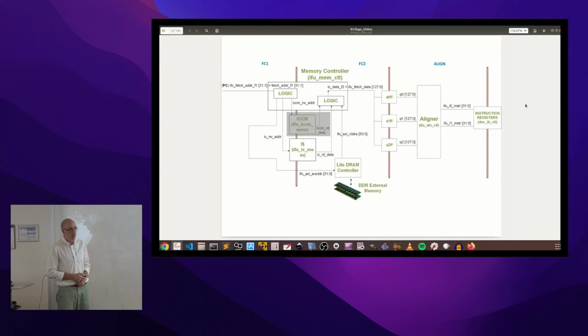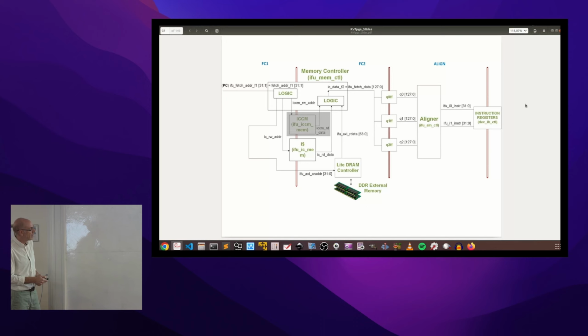So this 128 bundle is buffered in these 3 buffers, and in the align stage, 2 32-bit instructions are selected and assigned to each of the 2 ways for being executed in the next stages. So once this align stage finishes, we have in the instruction registers 2 instructions ready for decoding and execution.